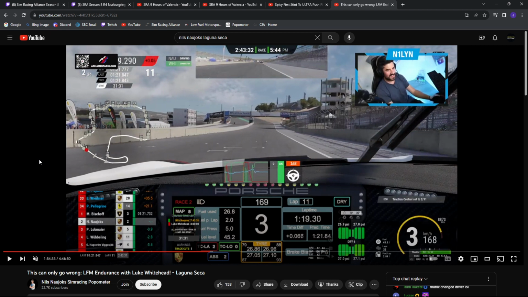When you adopt this style that I'm talking about, where you're really focusing on rotating the car on the brakes and attacking the exit instead, all of the work you have to do is done by the time you hit the apex. Because when you start doing this, you leave yourself room for error.